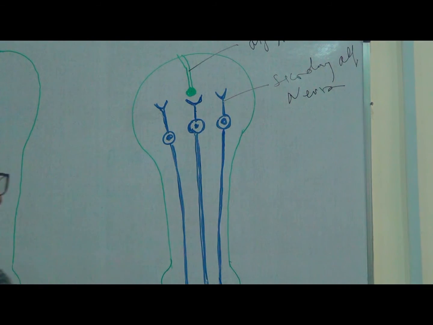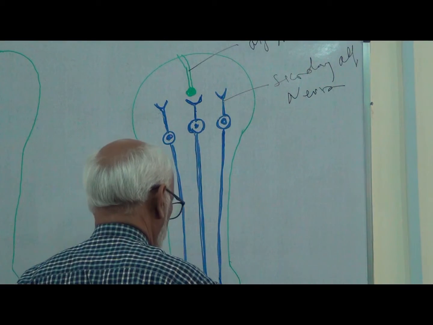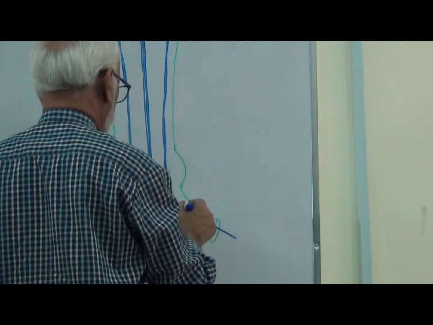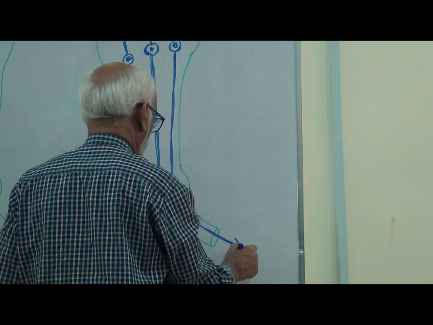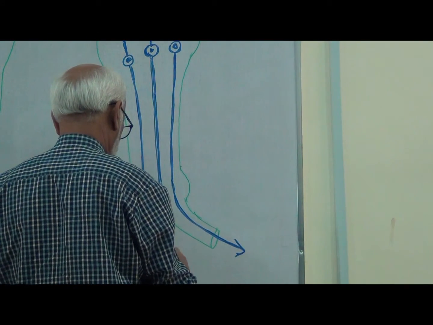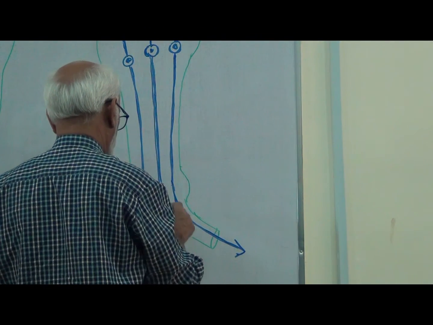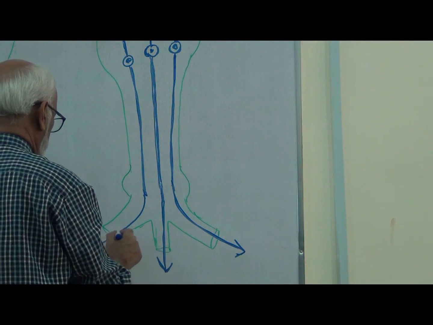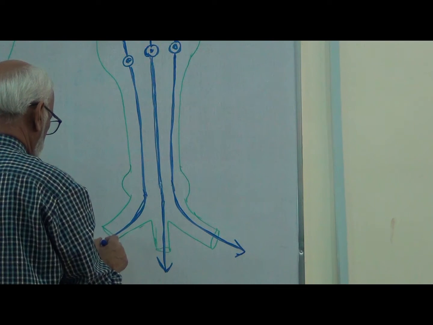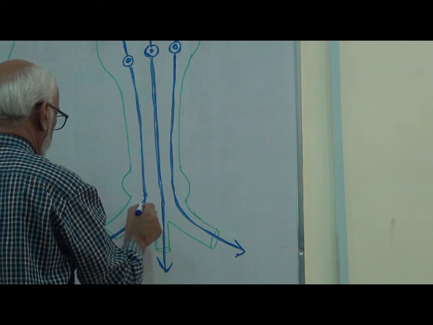These then divide into these three roots: lateral root, intermediate root or stria, and the medial root or stria.